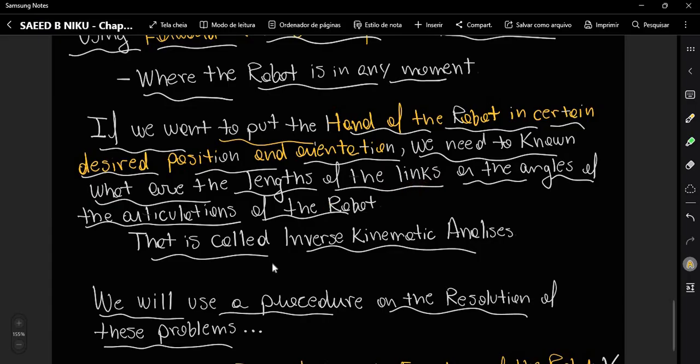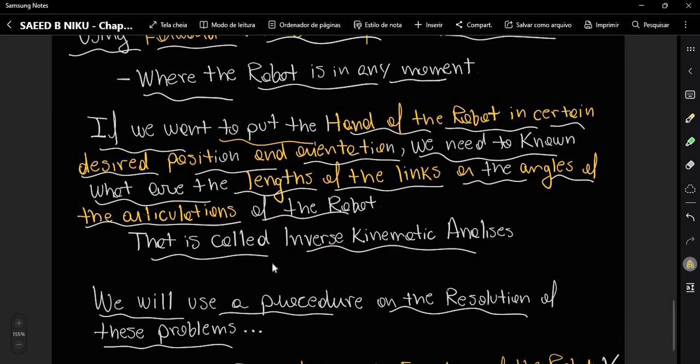So depending on the place that this hand of the robot is going to be, we need to know the lengths of the links or the angles of the articulations.